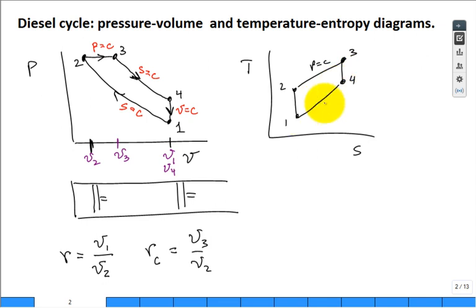And then we'll have 4 back to 1. Specific volume is constant. So S equal to constant, S equal to constant. Pretty obvious from the TS diagram that they're straight up and down from 1 to 2 and 3 to 4. All right. Is that all a good review?